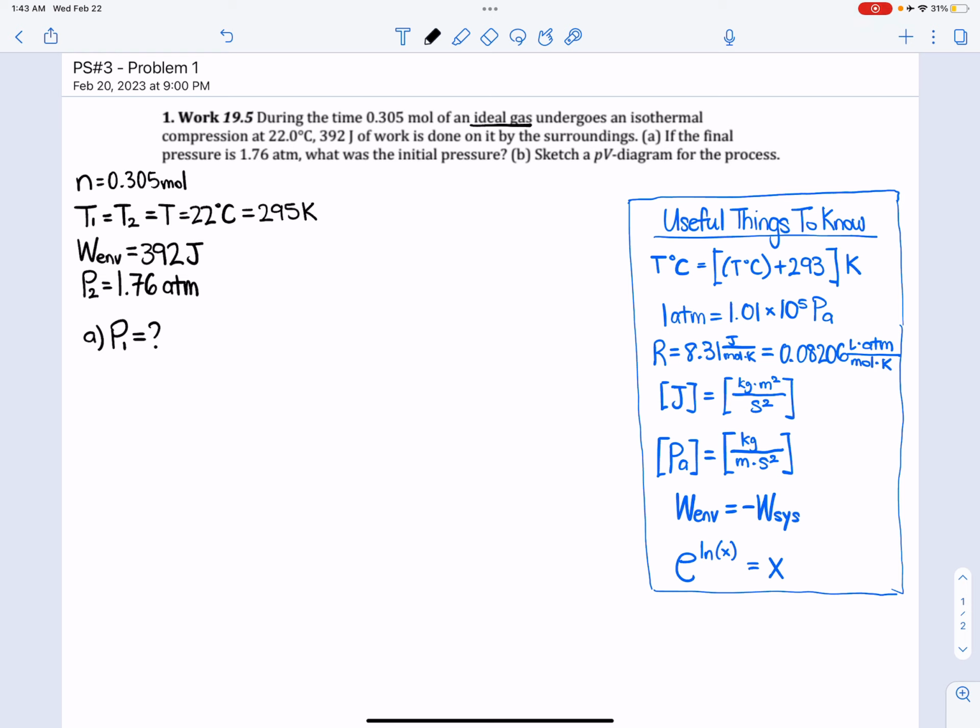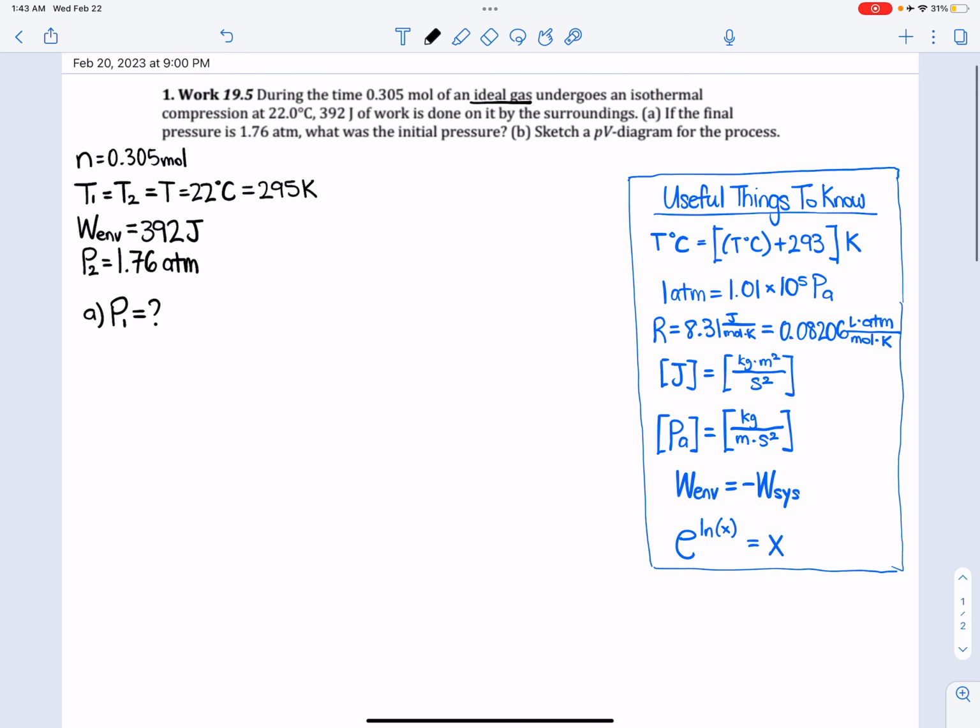So let's see. We know that it is isothermal, right? Isothermal compression right there. Let's use the ideal gas law. So that is PV equals nRT.